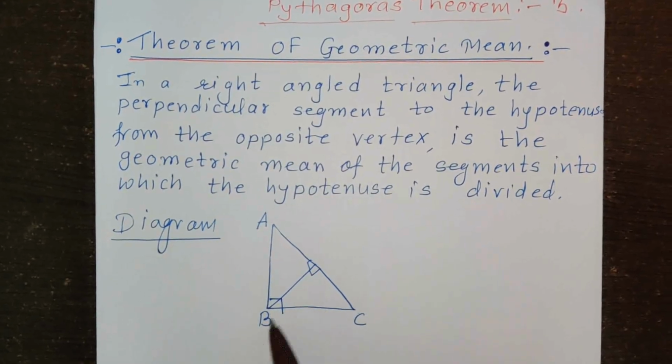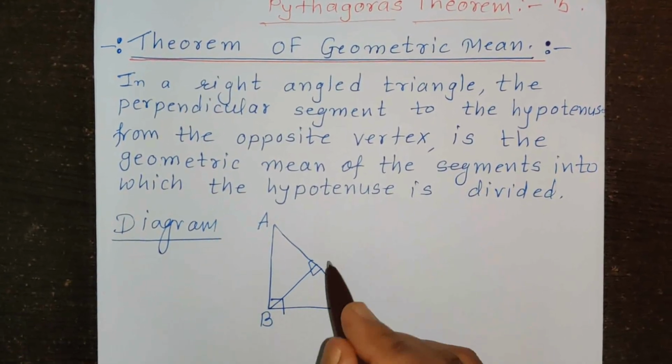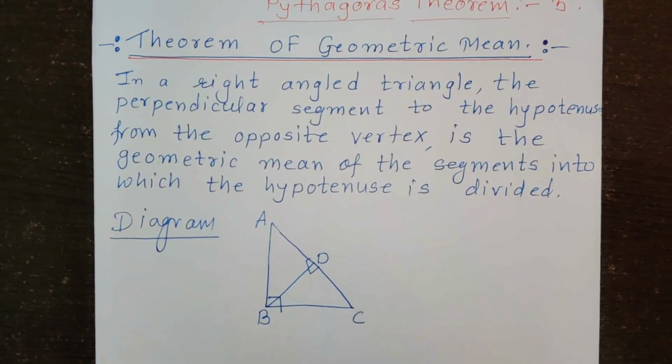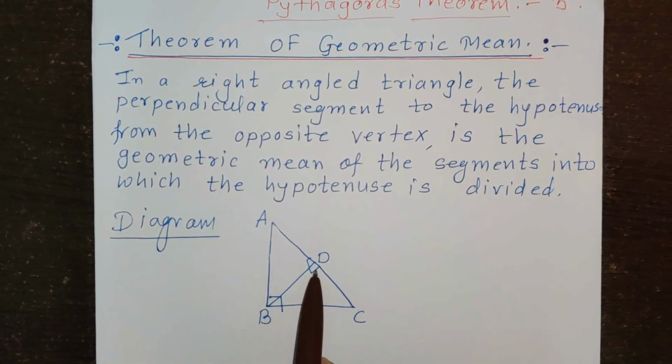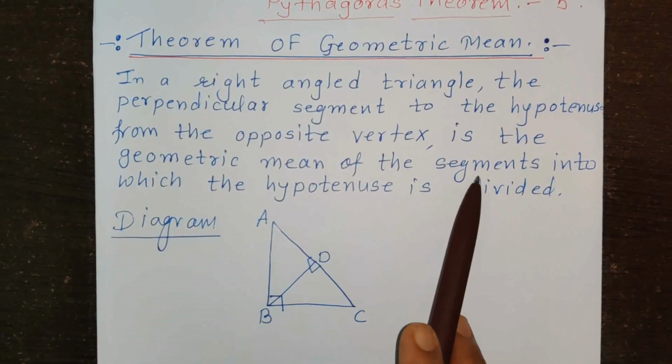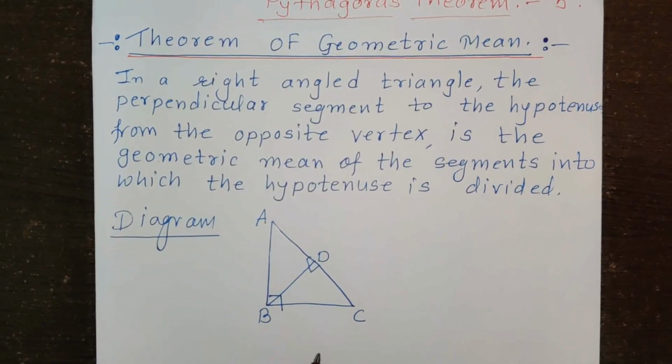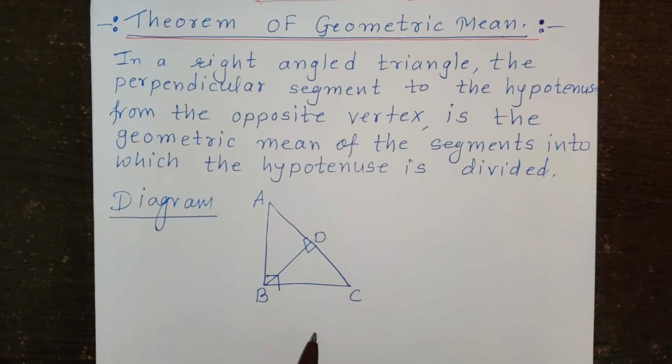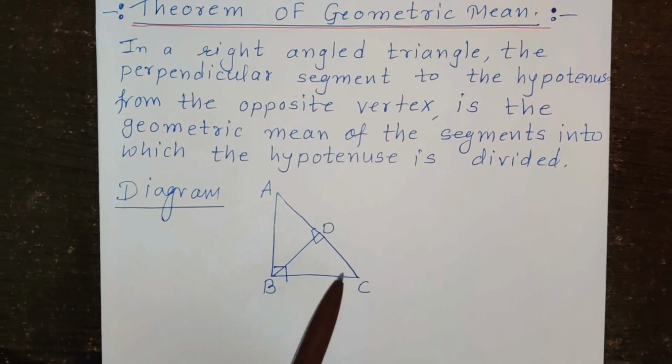Suppose we call this perpendicular BD. So BD is perpendicular, and this BD is called the geometric mean of the segments into which it divides the hypotenuse.